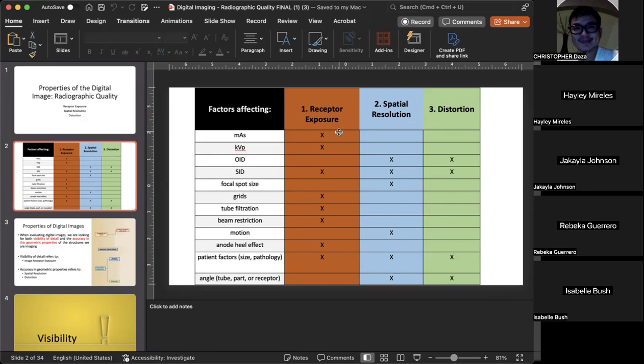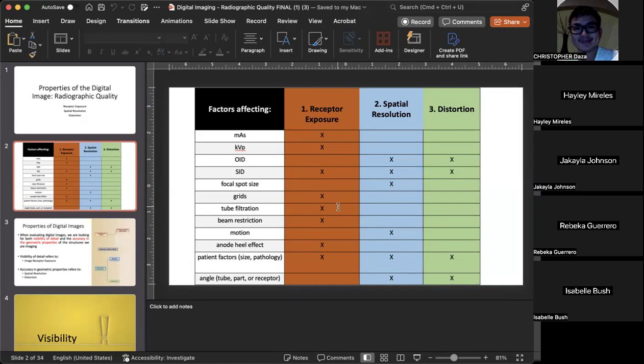Depending on how long ago you went to school to be an LMRT, you may have learned a fourth category, which would have been contrast, because contrast at the time was affected by a lot of things. However, in the new digital system, contrast is now just affected by the post processing techniques. Whenever you are using your mouse to window width and window level, that is changing the contrast, right?